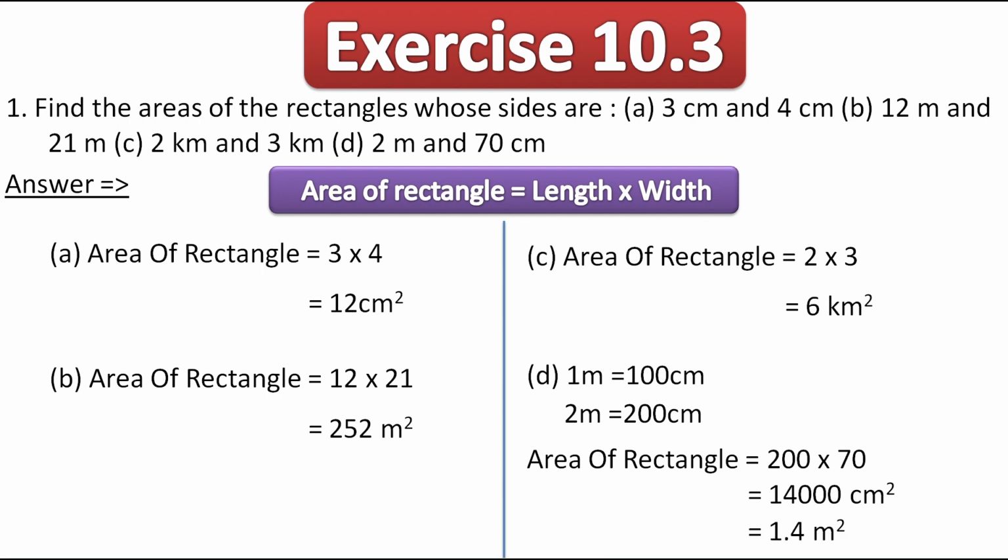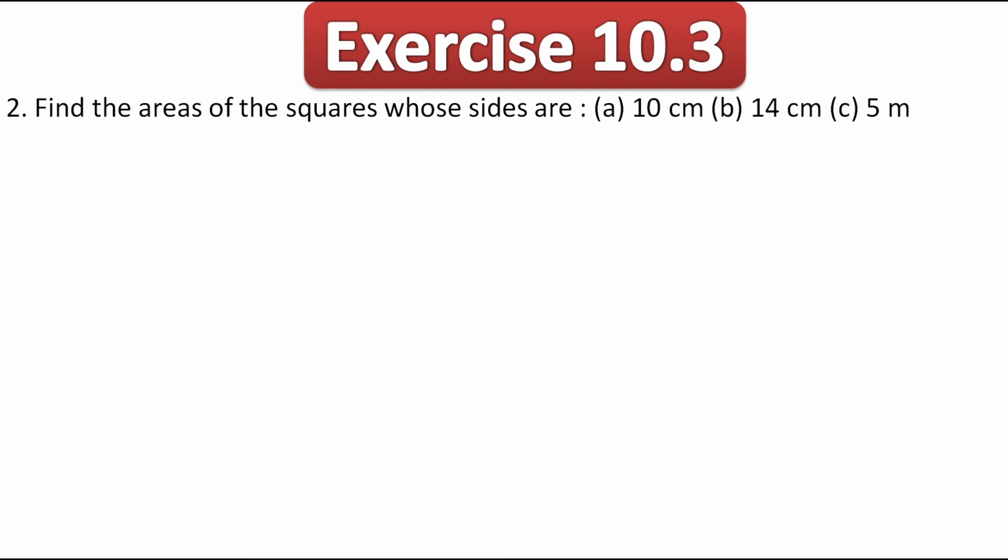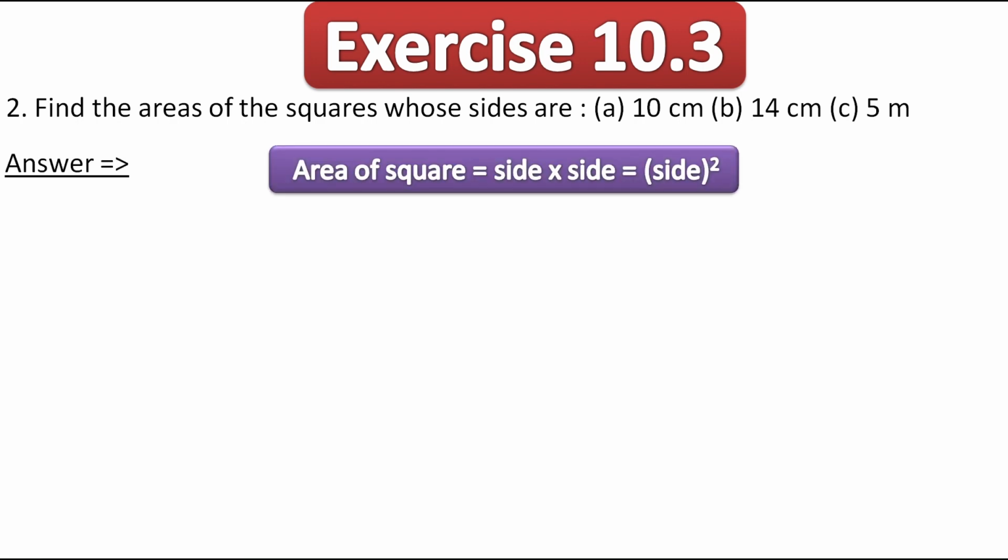Now let's move to the second question, that is, find the areas of the squares whose sides are given. They have told us to find the area of square, and we all know that area of square is equal to side into side, because the square has equal sides, so we have to take one of the sides and multiply with that only.